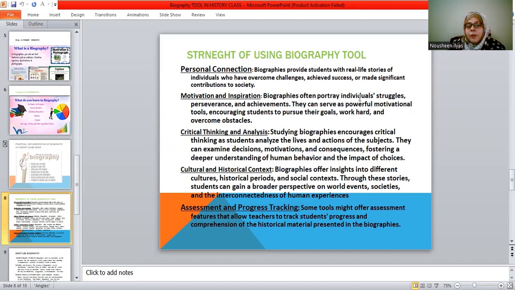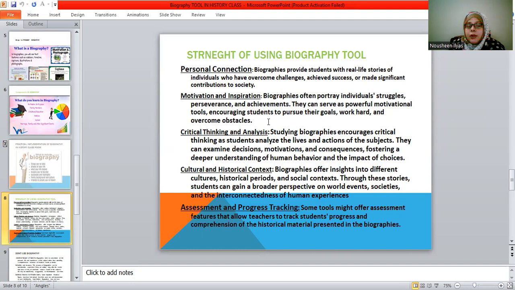Biographies often portray individuals' struggle, perseverance, and achievement. They can serve as a powerful motivational tool, encouraging students to pursue their goals, work hard, and overcome obstacles. Because why are they getting inspired? Because biographies often portray individual struggles.